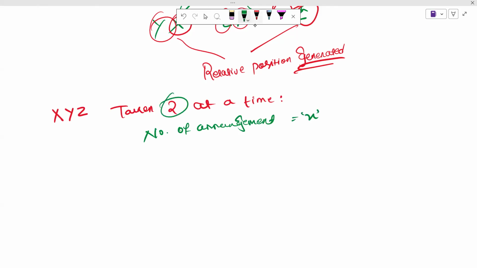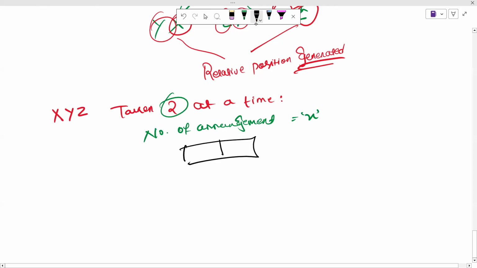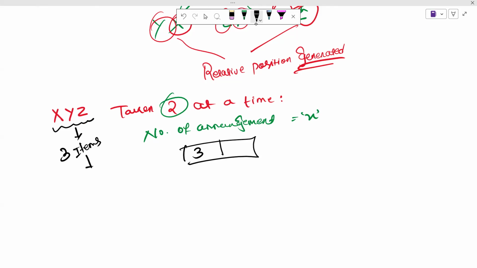As the answer has 2 places, we have to create 2 boxes. How many elements are there? Total 3 items. So in the first place there are 3 ways. Once one is removed, 2 items remain, so there are 2 ways: either we can take Y or Z. After that, can we expand? No, since the data says 2 at a time.